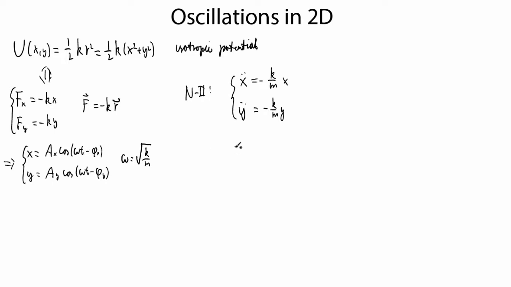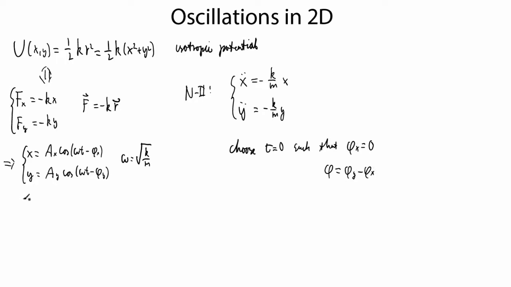So let's choose t equal to 0, such that phi of x equals 0, and then we'll also take that phi is phi y minus phi x.